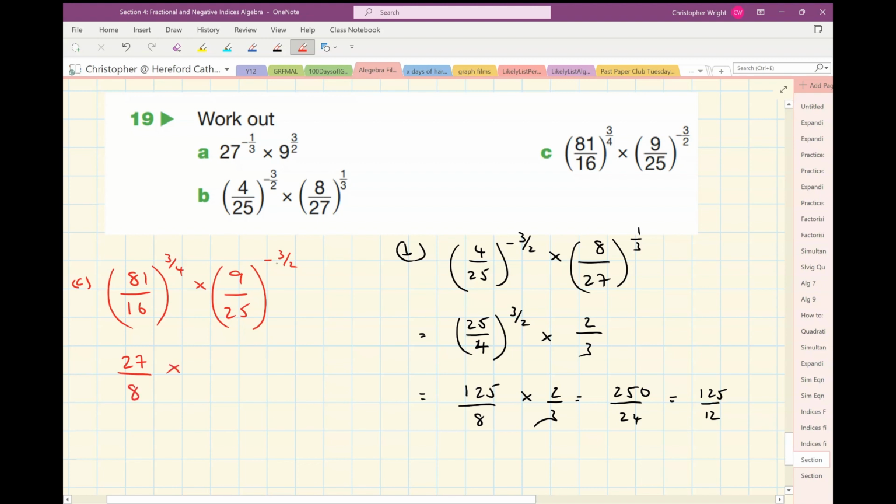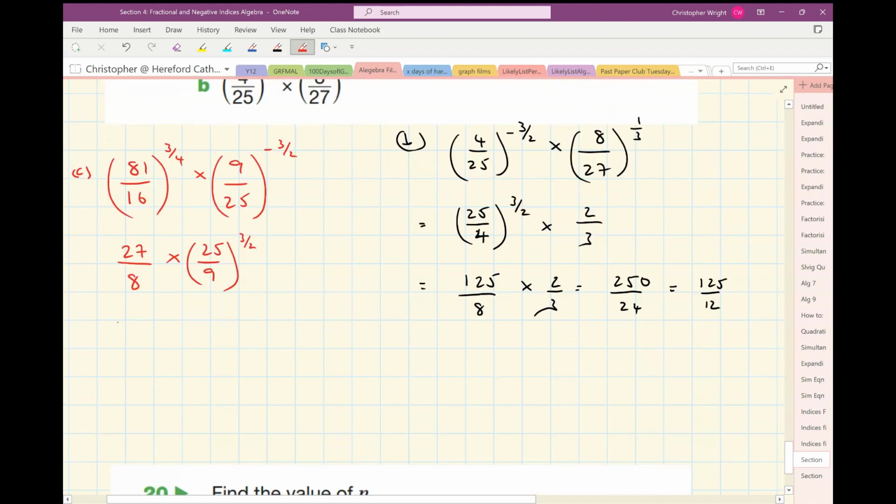Times. I've got a negative power on the second fraction, so I'll simply remove that negative power and use the reciprocal of the fraction. So I've got 27 over 8 times the square root of 25 is 5, cubed is 125, over the square root of 9 is 3, cubed is 27. So multiplying that out, I simply get 125 over 8.